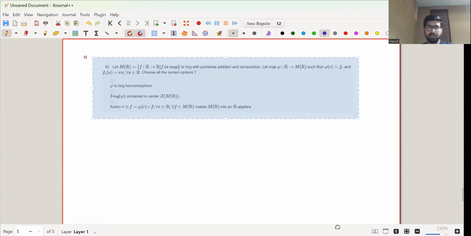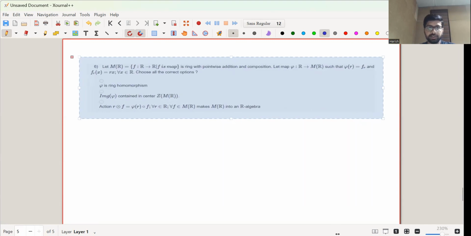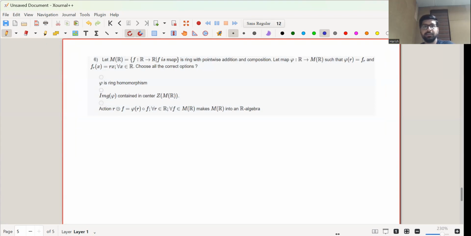Okay. So question 6 says, let MR be the functions from R to R with pointwise addition and multiplication. So you consider the set MR, which is just the maps from R to R. This is a ring with pointwise addition and composition.